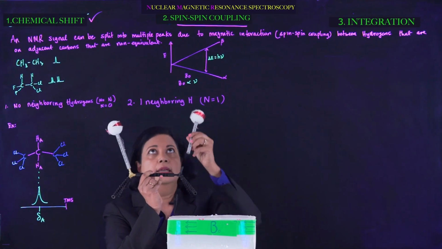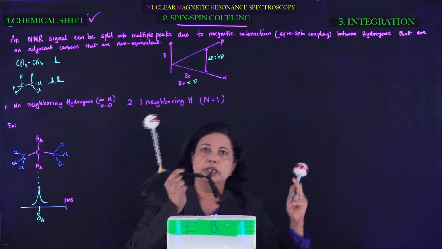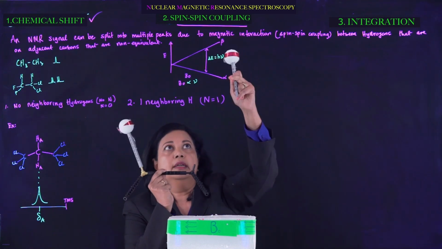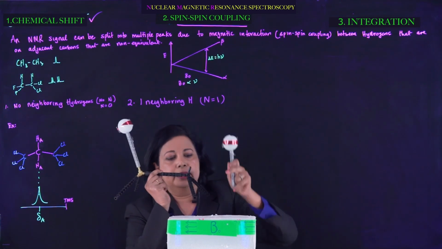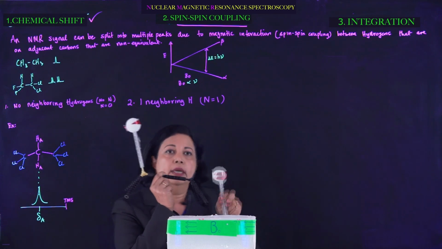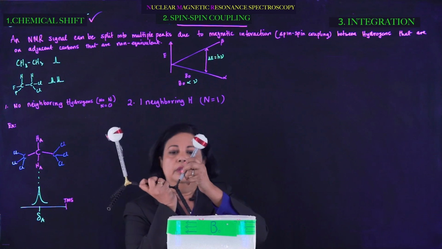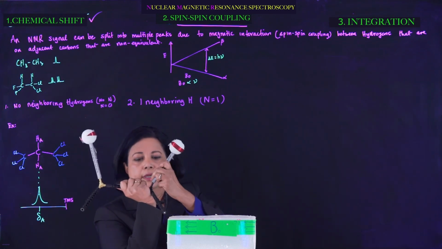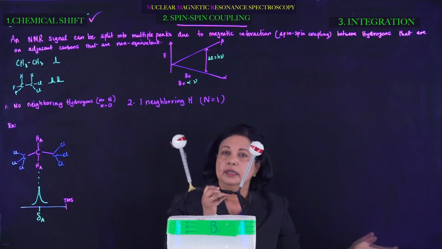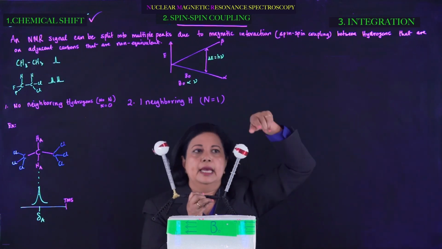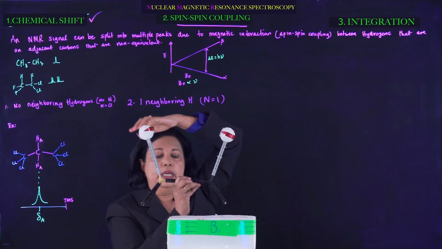We know that when you're in a magnetic field, there are two separate energy levels for a proton, two different spins. One can be in the direction of the field, and one can be in the opposite direction of the field. So here, let's say you have a proton. The proton can have the same spin as this, so it actually has a magnetic field that is in the same direction as this.